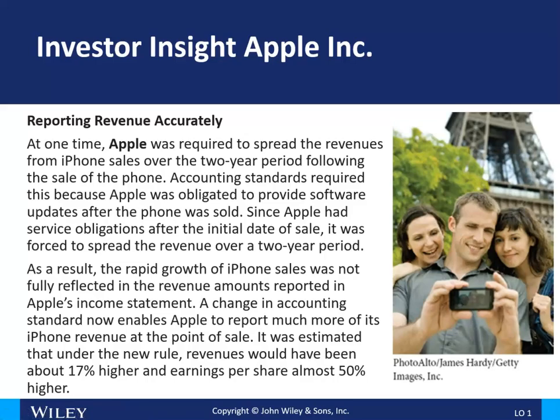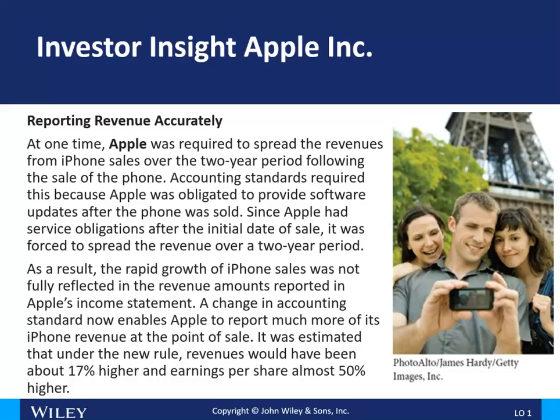Here's an example from Apple, thinking about when their performance obligation is satisfied. At one point, Apple was required to spread the revenues from their iPhone sales over a 2-year period following the sale of the phone. You think, well, wait a minute, they delivered the phone? Isn't that done? They don't have any further performance obligation.